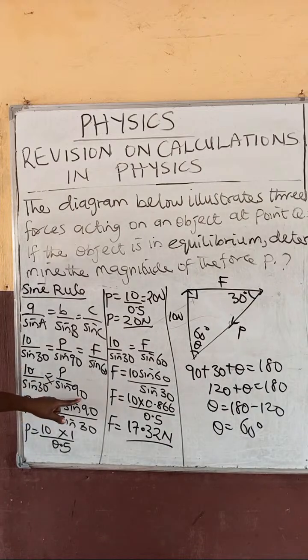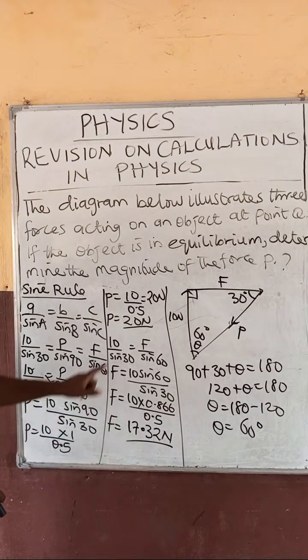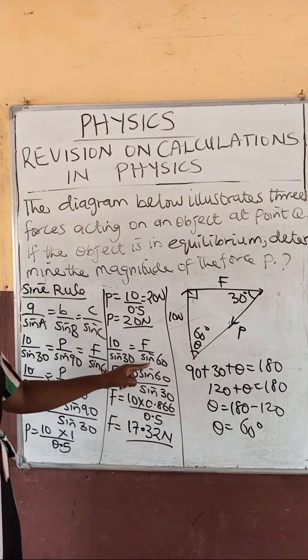10 times sine 90 divided by sine 30. So what do we have? 10 times sine 90, which is 1, divided by 0.5. So 10 times 1 is 10, divided by 0.5, and my answer is 20 Newton. And for me to get the second force, I'm going to equate this one again with this by saying 10 over sine 30 is equal to F over sine 60.